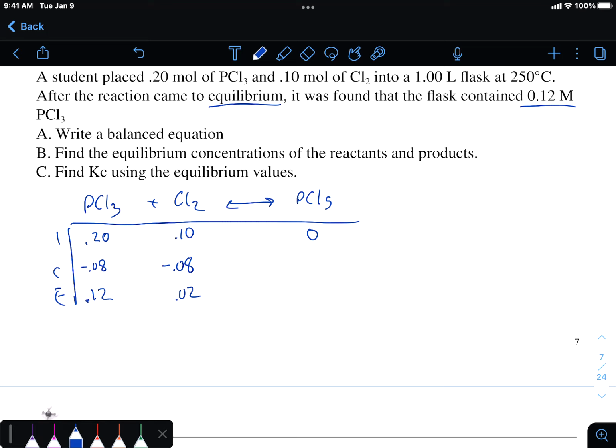We just add the same amount, because what's the mole ratio between chlorine and PCl5? It's 1 to 1. Plus 0.08. Obviously the sign is different, because it's on the other side. We're making the product. All right, we have our equilibrium concentrations. The goal was to find Kc.